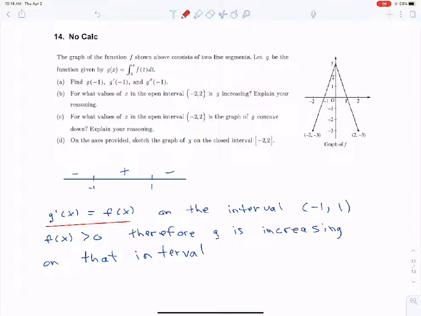Look, f of x is positive from -1 to 1. What does that tell me? That tells me g is increasing. They asked about g, so I said, I'm analyzing g by looking at f. In regards to question B, do you have any follow-ups?